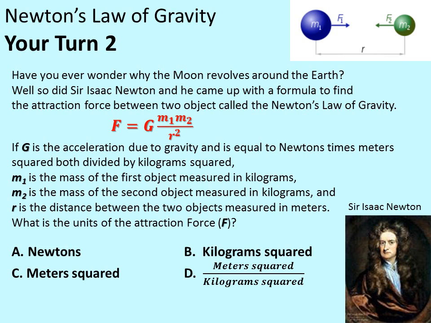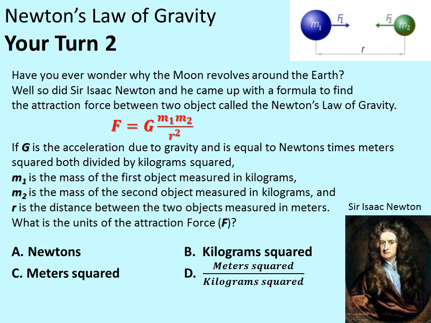All right, and you do have a box on this one to write this in. Then I have M1 is the mass of the first object measured in kilograms. M2 is the mass of the second object measured in kilograms.